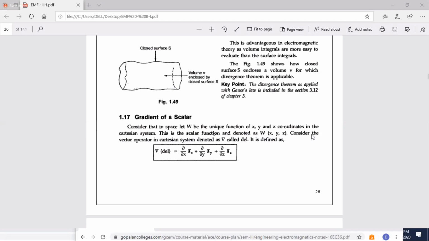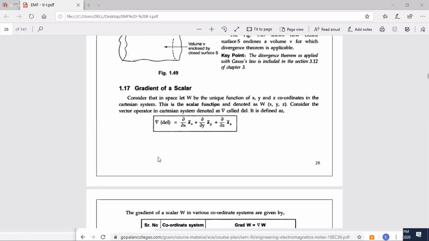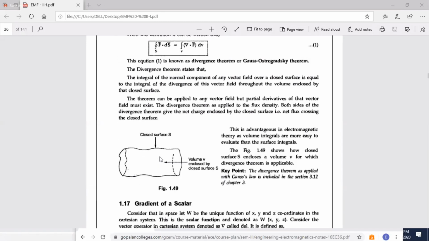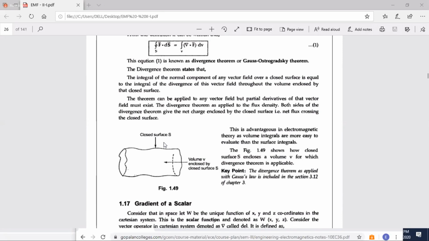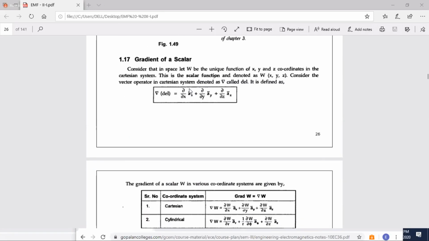gradient is a scalar function. So how does the gradient differ from this divergence del? You have this unit vector. So the gradient of a scalar is del, partial with respect to x, ax, partial with respect to y, ay.